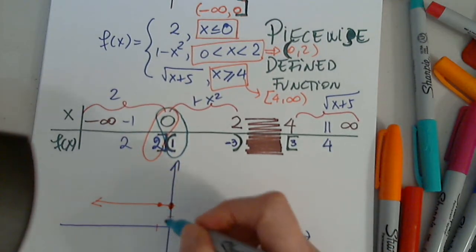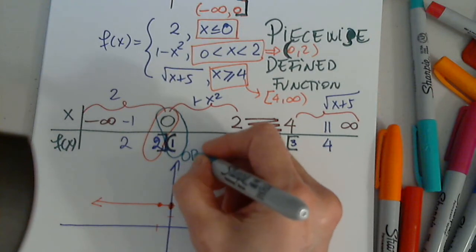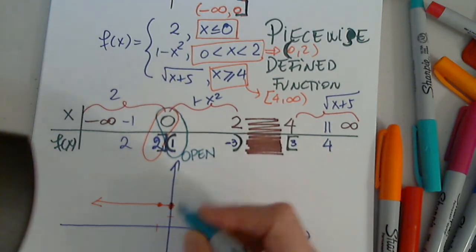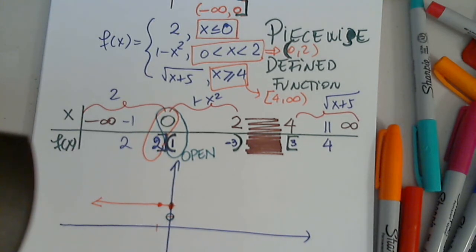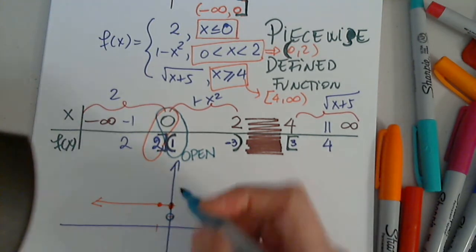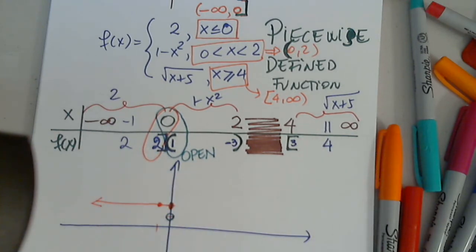0. What type of point is it? It's a circle. Very good. Or also called an open point. The function cannot be at 0, cannot equal 2 and 1 at the same time.